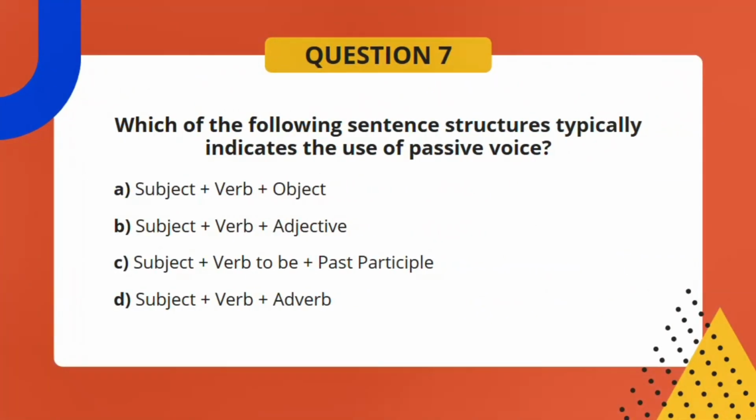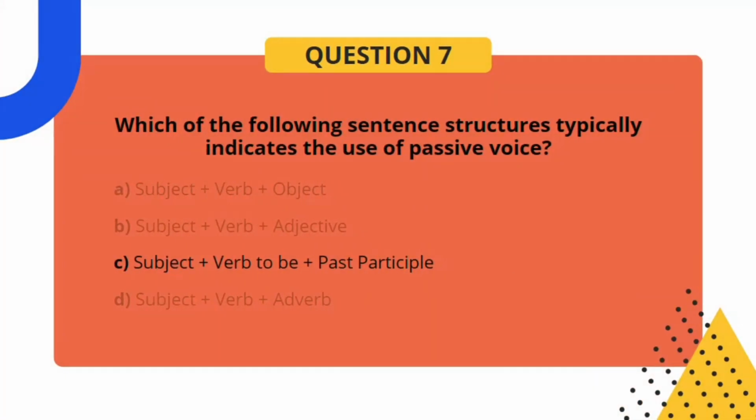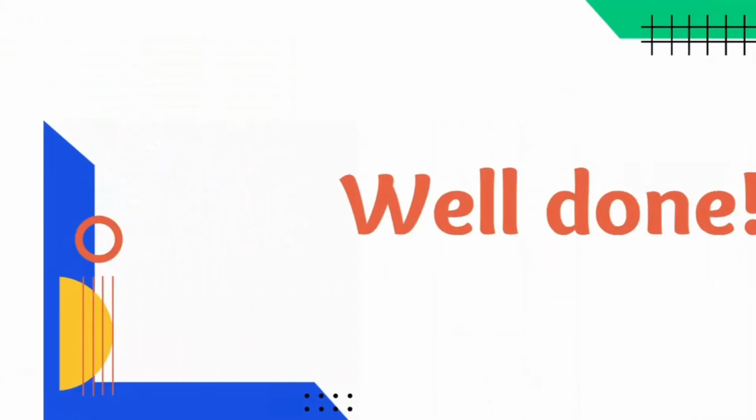Number 7. Which of the following sentence structures typically indicates the use of passive voice? Subject plus verb to be plus past participle form of verb. And if you have got all of them right, so well done!